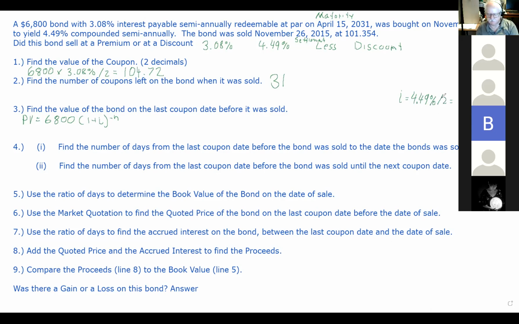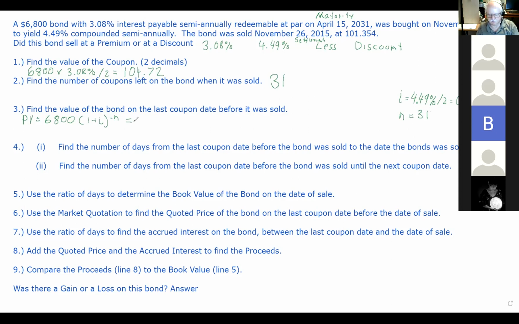So 4.49% divided by 2, and I'm getting 0.02245, and I'm going to store that in register 1 so I don't screw it up. Store 1. Let's find n. We know n is 31, so let's work this out then.